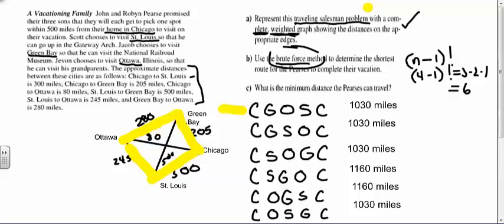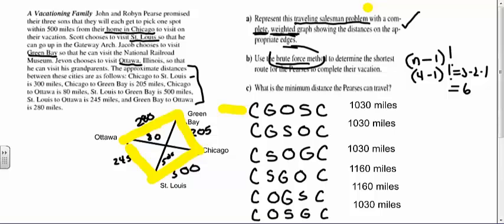After calculating the total distance for all the Hamilton circuits, we can see that there are several routes this family could take that would have the exact same total distance of 1,030 miles. There are 2 Hamilton circuits they could take to visit all those cities and return home that would be 1,160 miles. So part C of this problem said, what is the minimum distance the Pierces can travel?